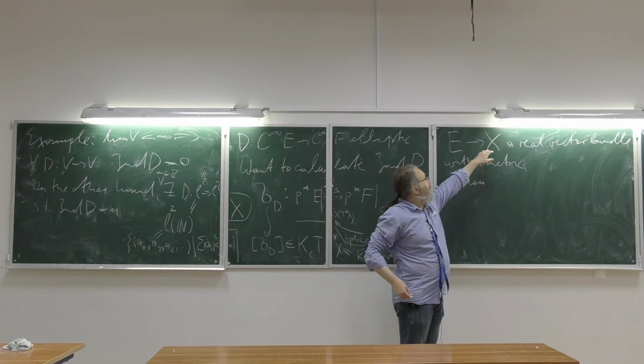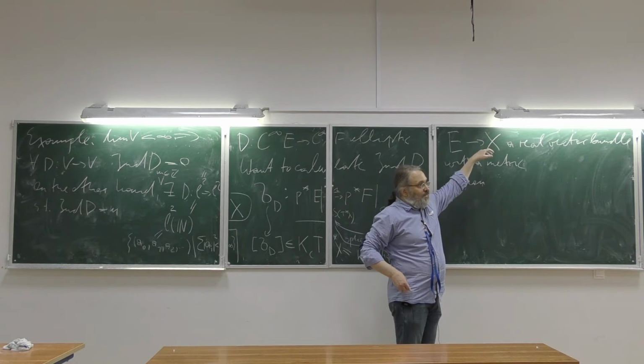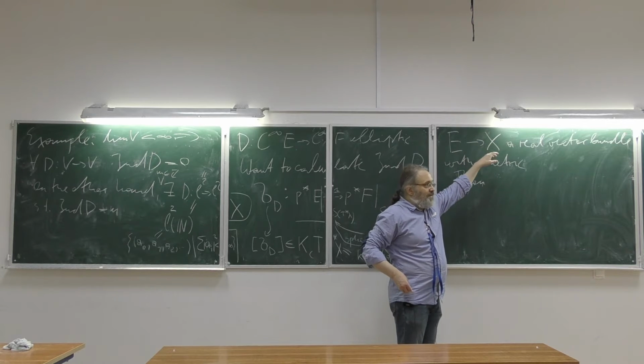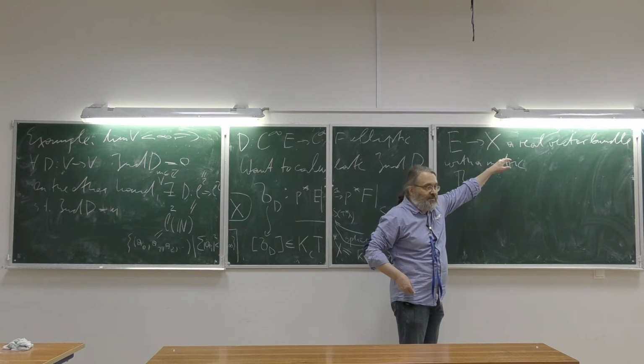What I mean is that I have a symmetric, positive, definite bilinear form on each fiber, and this form varies continuously with the element of the base.